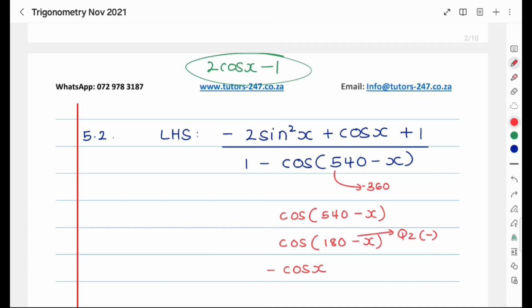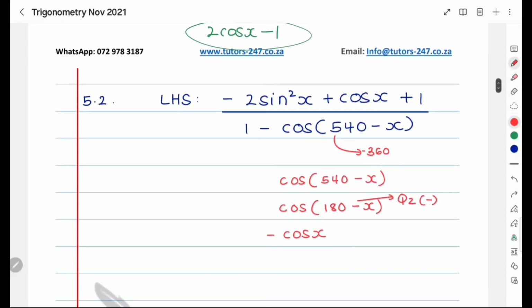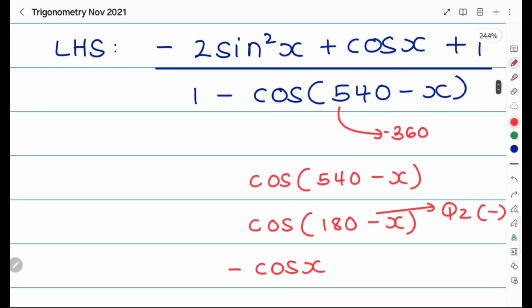Now, if we were to factorize this trinomial, take note that you cannot factorize it if you have both sine and cos, two different ratios. So we need to make it the same ratio. How do we do that? We know that sine squared x is equal to 1 minus cos squared x. It is an identity.